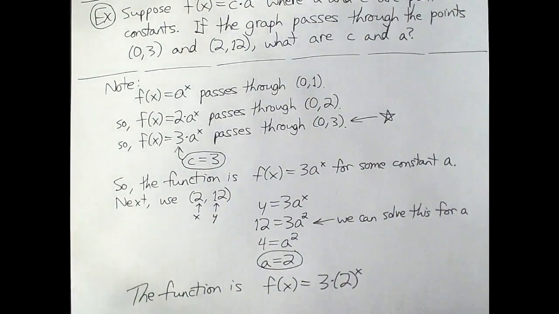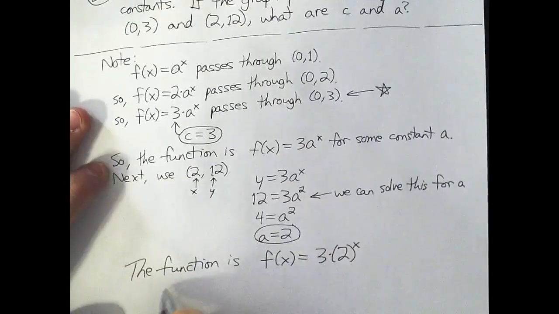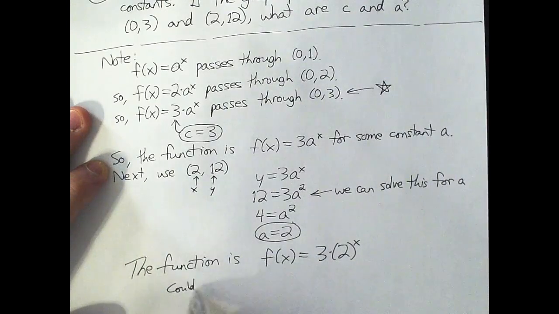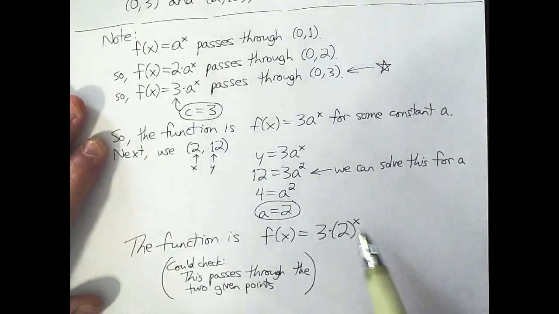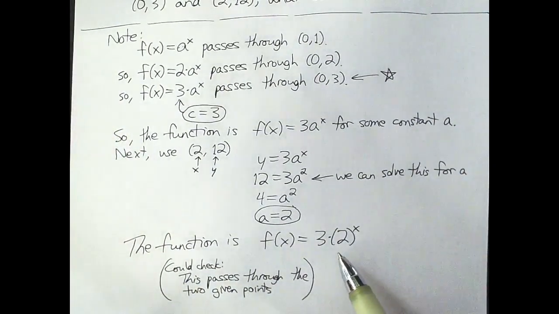And you could check that this passes through the 2 given points. Does this actually pass through 0, comma 3?